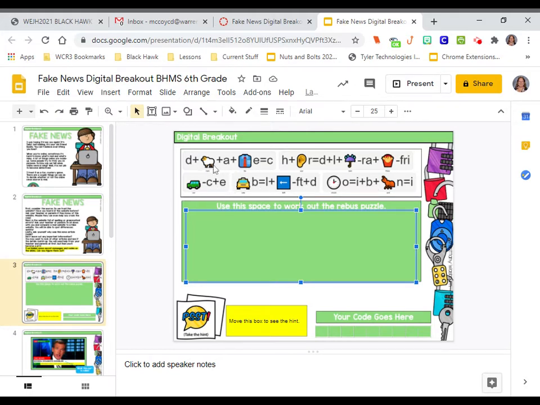So, starting up here, it says to start with a D. So I'm going to type a D. Then it says plus ram. This is not a sheep, it's a ram.